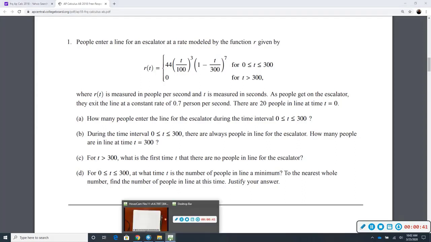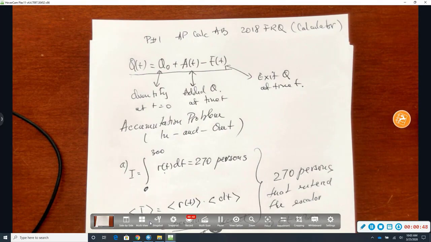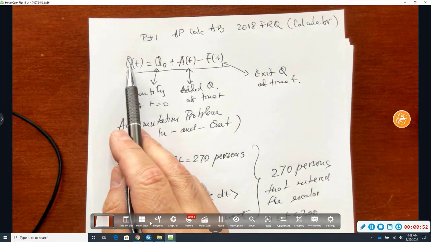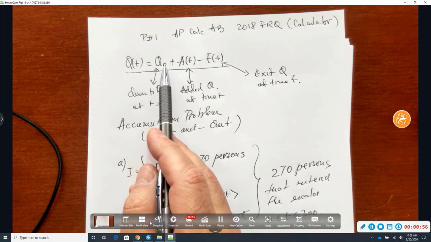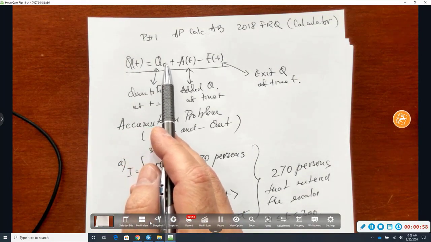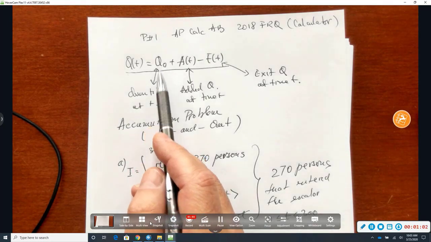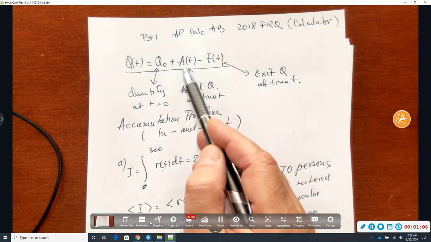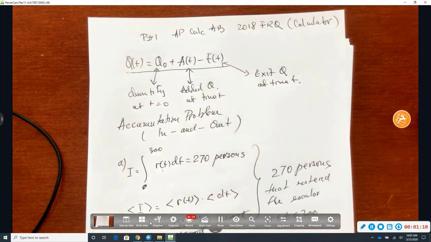I'm going to move back to a section where I can show you what I'm writing down. That's what we did last time. We came up with a general equation describing a quantity at a time t as consisting of Q0, the quantity at time 0 when the process starts, the quantity that's added throughout time, and the quantity that is getting out throughout time.